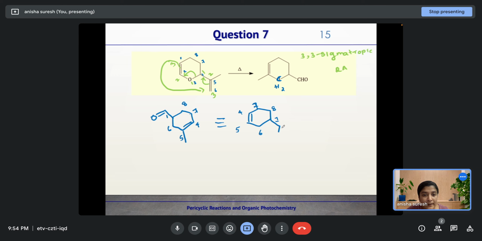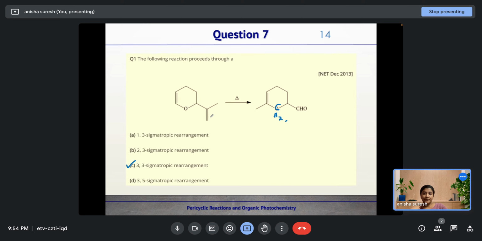So here CHO will be coming, and here methyl will be coming. That is our given product. So it is a 3,3 sigmatropic rearrangement that is taking place here. Is it clear? Option C, that is a 3,3 sigmatropic rearrangement.